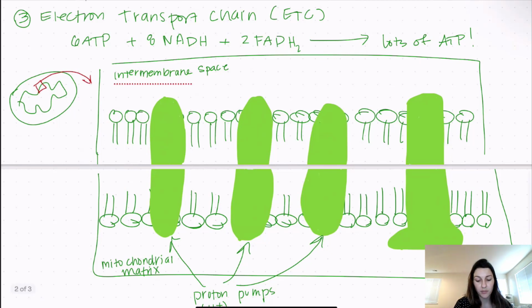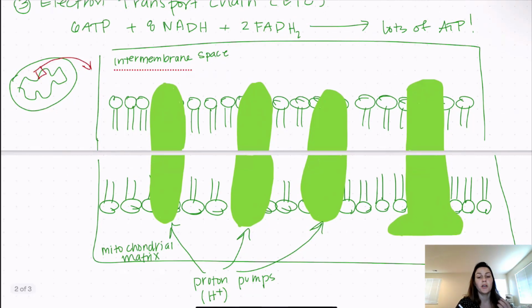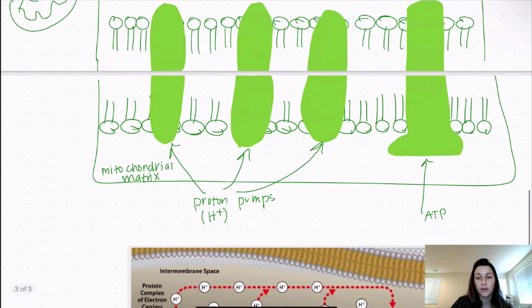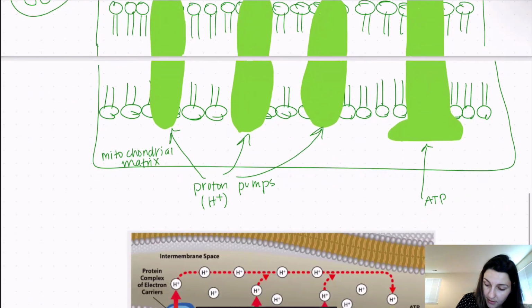They're ion pumps. Those pumps push hydrogen ions across from the intermembrane space to the mitochondrial matrix. This last big one here is ATP synthase, an enzyme that makes ATP.